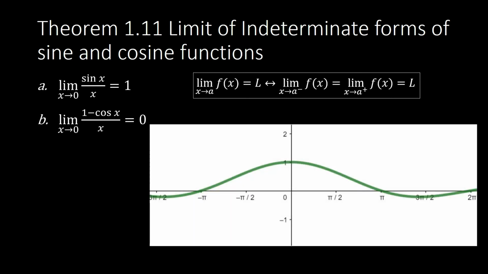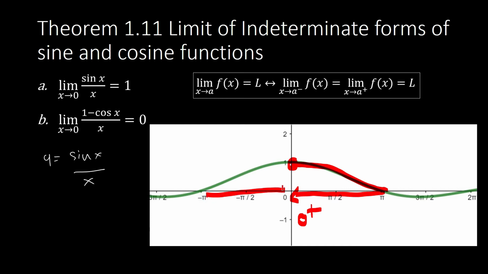Now we can also look at the one-sided limits by looking at the graph. This is the graph of the function y equals sine of x over x. As x approaches 0 from the right, the value of our function approaches 1.